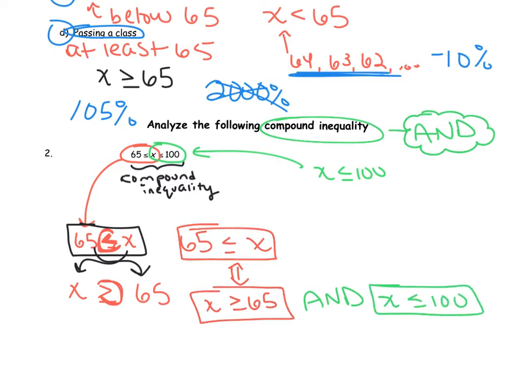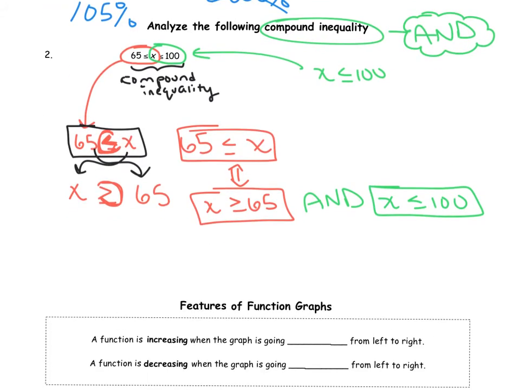So if I were to look at this graphically, I'm just trying to break this down for you guys. If I were to look at this on a number line, so here I have my 65, here I have 100. I'm going to take a look at the first piece here of what I have in red for x being greater than or equal to 65. Because it has an equals to symbol, that means I get a closed circle. Similarly with 100, because it has the equals to piece here, this also gets a closed circle.